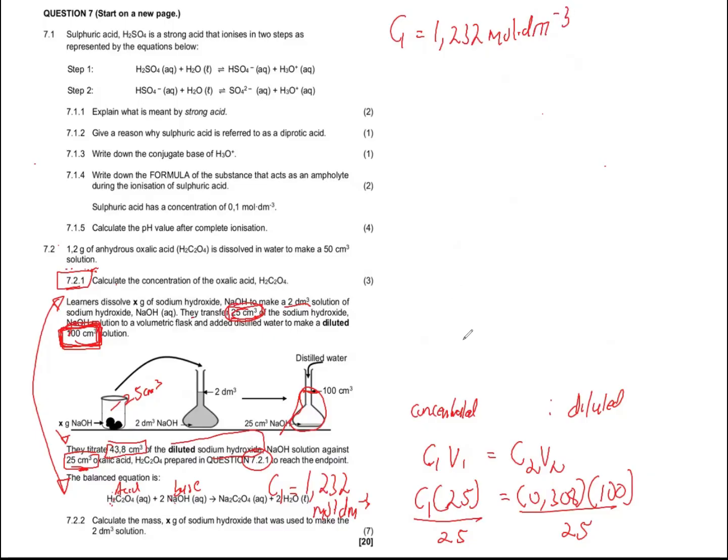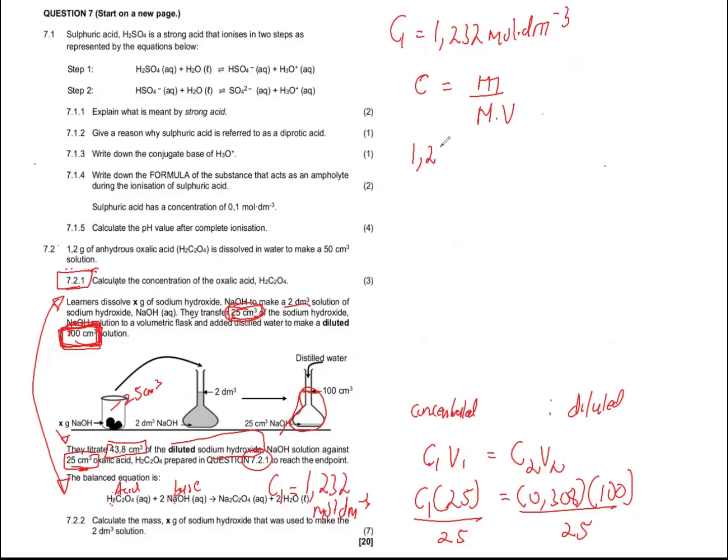And now note, what did they say here? Learners dissolve X gram of sodium hydroxide to make a 2 dm³ solution of sodium hydroxide, right? To now calculate, we're going to use the formula: C equals mass over molar mass times volume.